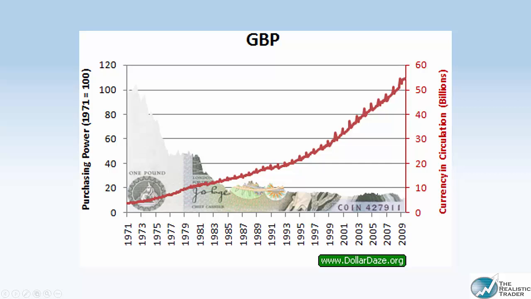And as a result of exponential growth in currency supply, pretty much every currency in the whole world has devalued at an alarming rate. In fact, the pound has lost over 97% of its value over the last 100 years and two thirds of that in the last 40 years. So this is something which will continue to happen.